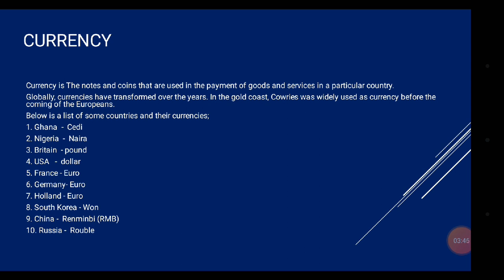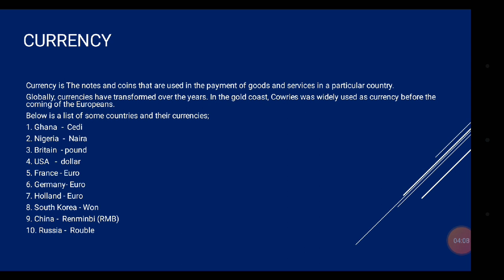In the USA, that's the United States of America, the currency is the dollar. In France, the currency is euro. In Germany, it is euro. In Holland, it is euro. In Spain, it is euro. So in all these European countries, they spend one common currency.